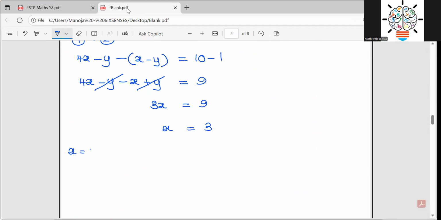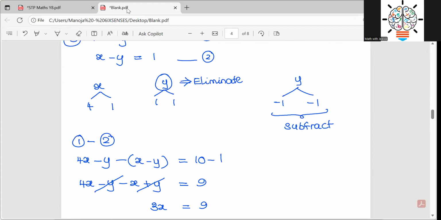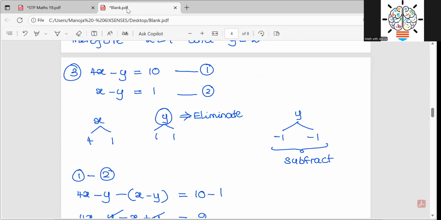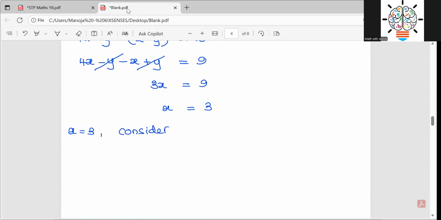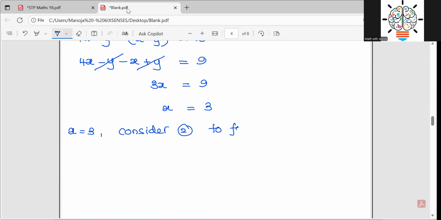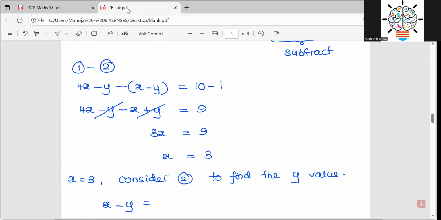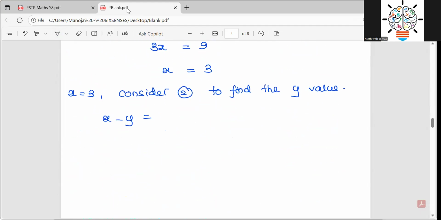If x is equal to 3, we can consider one of the equations. Here I will take the first one or the second one. It's simple. Consider 2 to find the y value. So that is x minus y equal to 1.